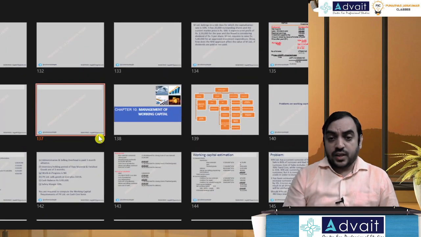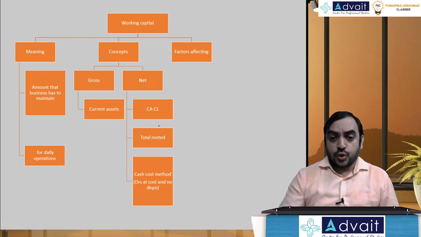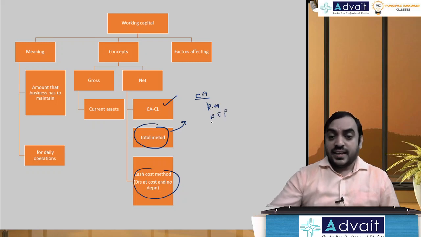Well, estimating working capital, we have two methods. One is called as total method, or also called as balance sheet method. The other one is called as cash cost method. What is the thing? Let me tell you. What is total method? Simple, current asset minus current liability. So what will current assets include? It will include raw materials, it will include WIP, it will include finished goods, and debtors, cash.